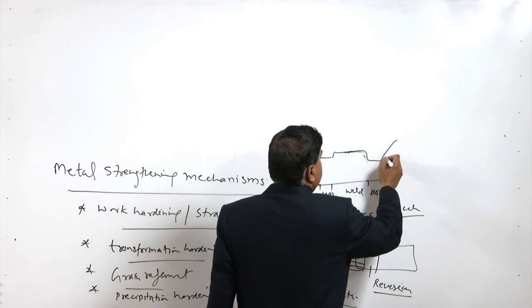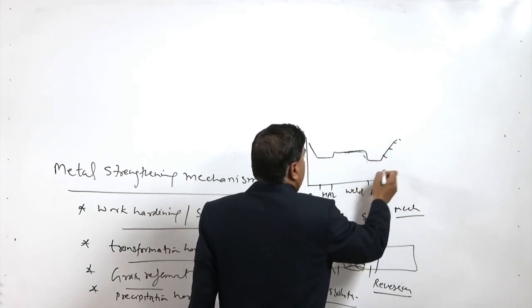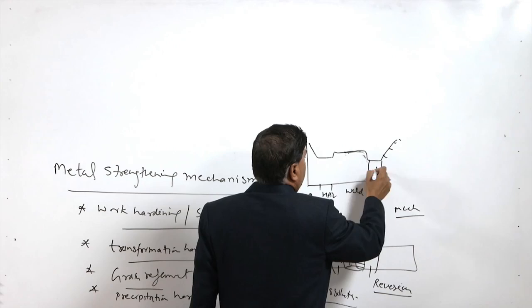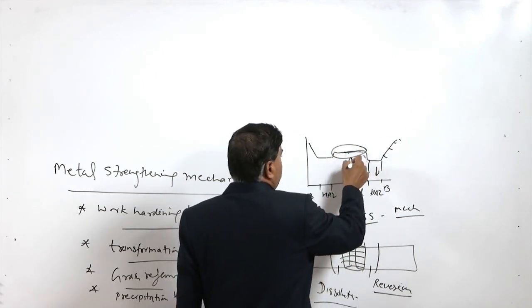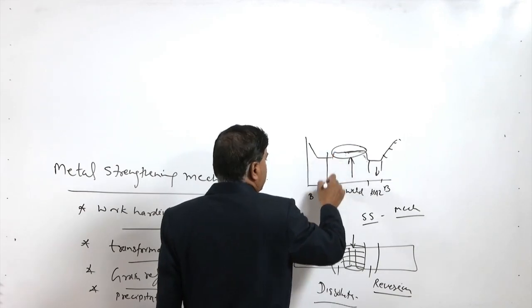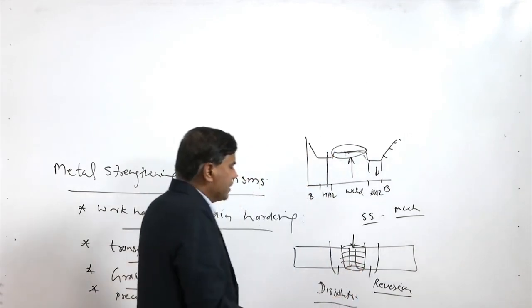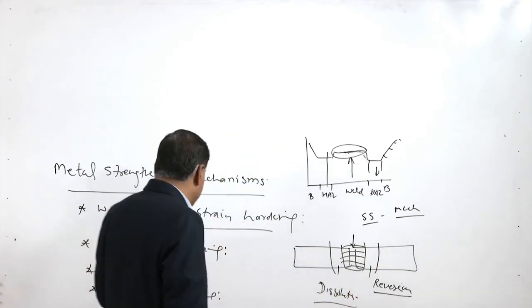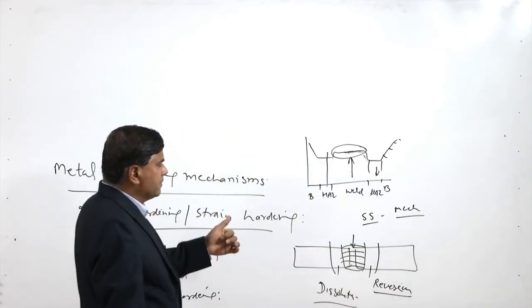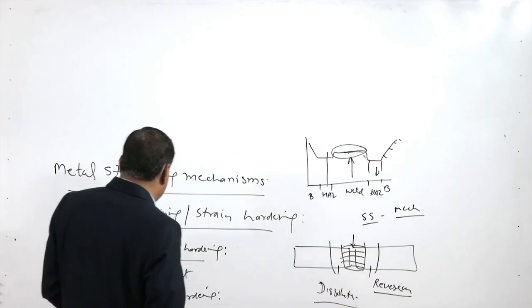The base metal has higher hardness, the HAZ has lower hardness, and if partial precipitation takes place, then the weld will also have good hardness. So, there is a region which will have lower hardness due to this reversion or dissolution. Especially in aluminum magnesium systems, this kind of behavior takes place.